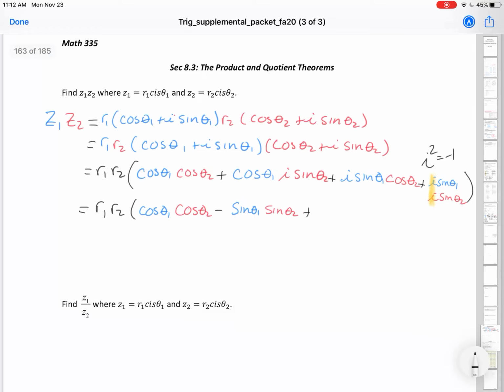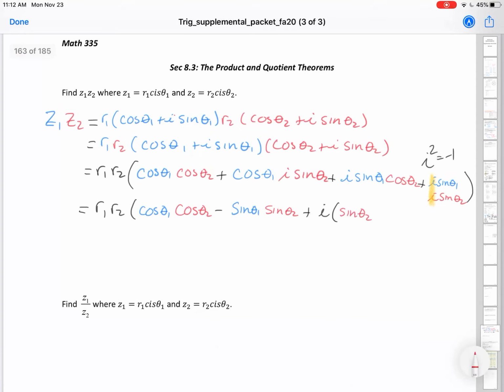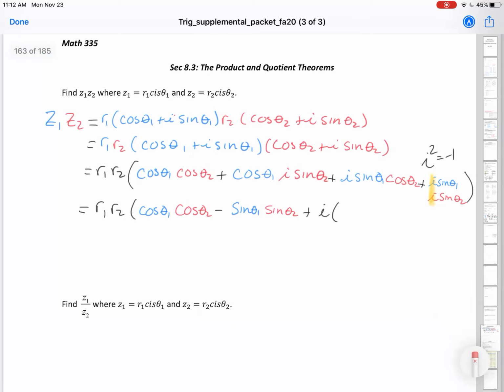Everything else is plus. And I'm going to factor the i's out of it. And what do we have? I'll put it in order as it appears. Well, actually, that isn't the order in which it appears, so let me be careful there. I almost forgot the cosine.